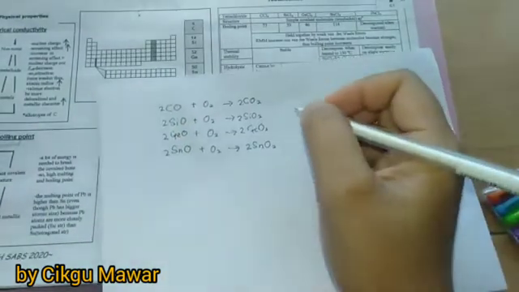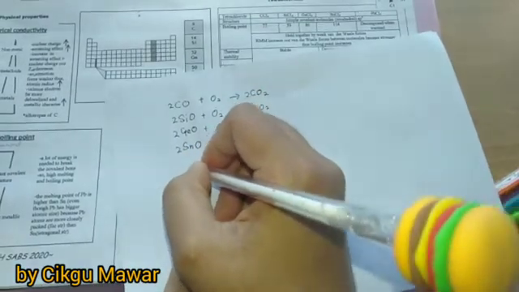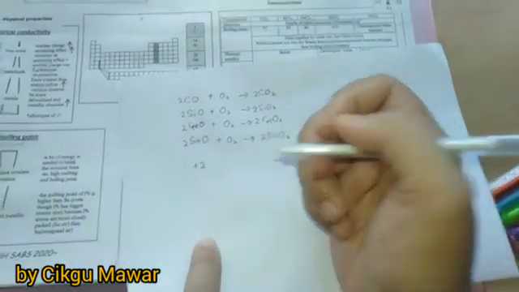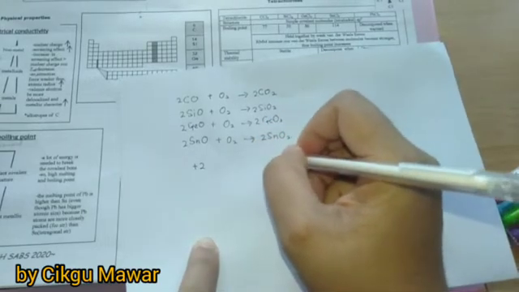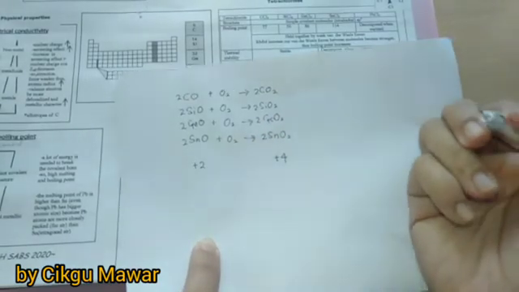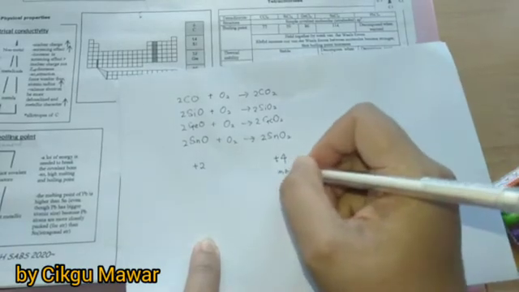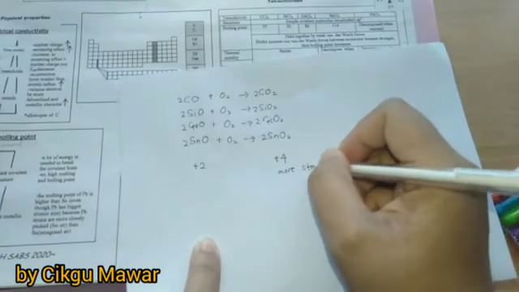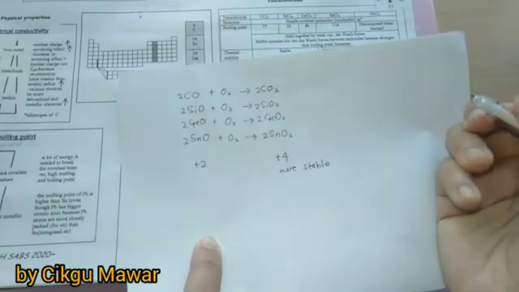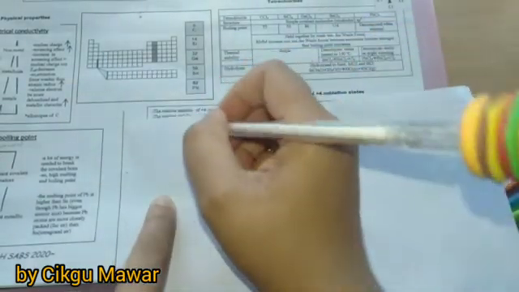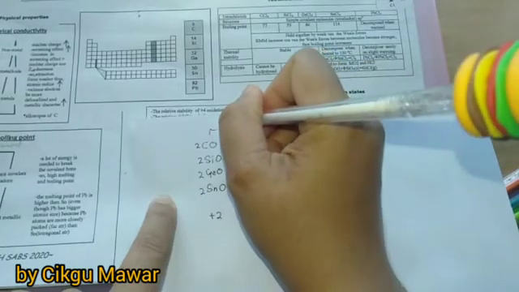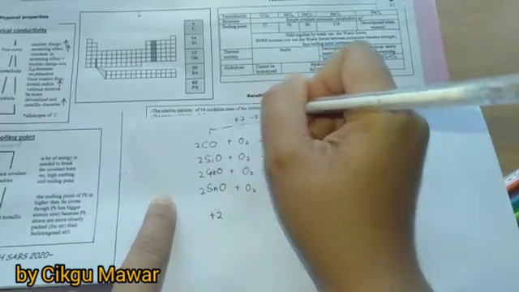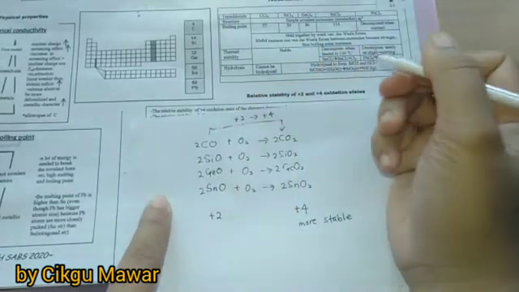This shows that tin monoxide, which is in the positive 2 oxidation state, is unstable because it is easier to form the positive 4 oxidation state, which is more stable. So we can see here that positive 2 is being oxidized to positive 4.